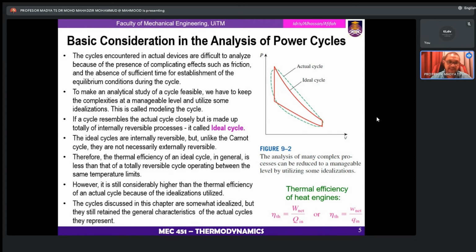So the cycles discussed in this chapter are somewhat idealized, but they still retain the general characteristics of the actual cycles they represent.